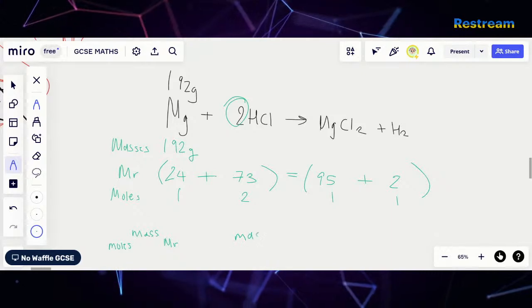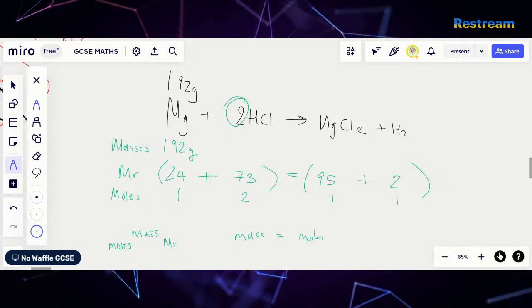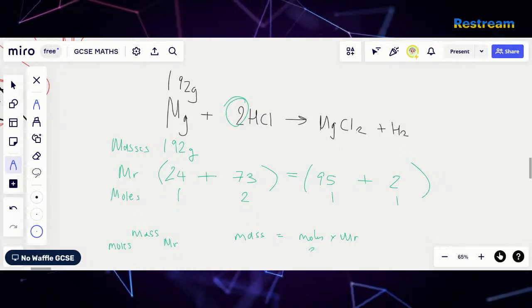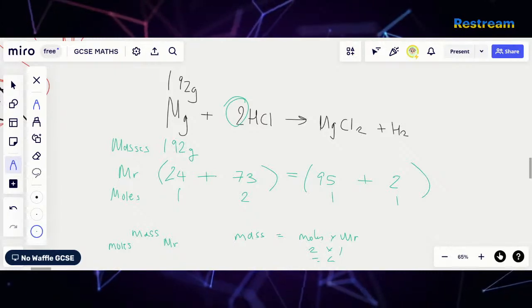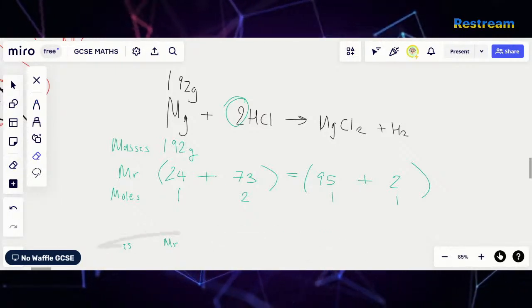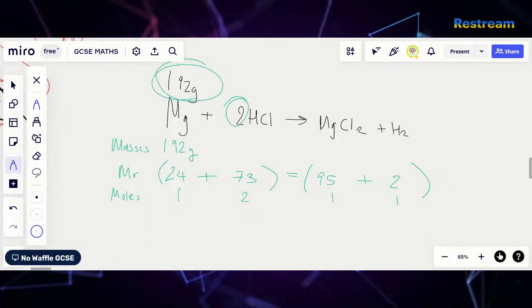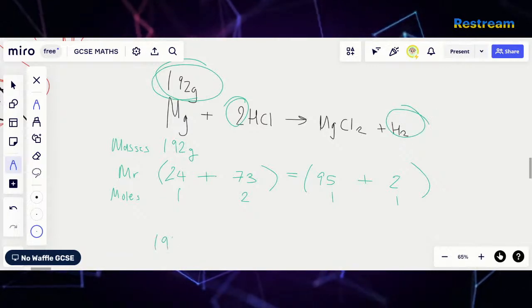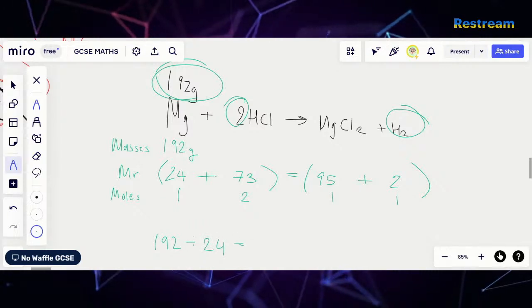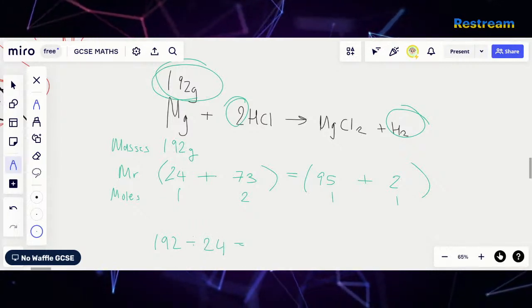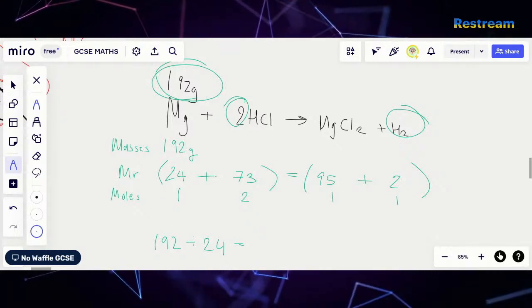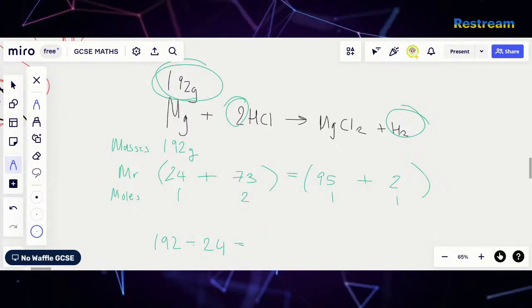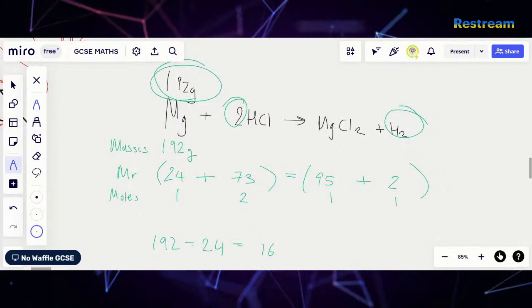So the mass of hydrogen is going to be moles times Mr, which is 2 times 1, which is 2. But what you do instead in this case is, because you're given the mass of magnesium, you want to compare that to the mass of hydrogen. So 192 divided by 24 is equal to 16. And yeah, that would be your answer.